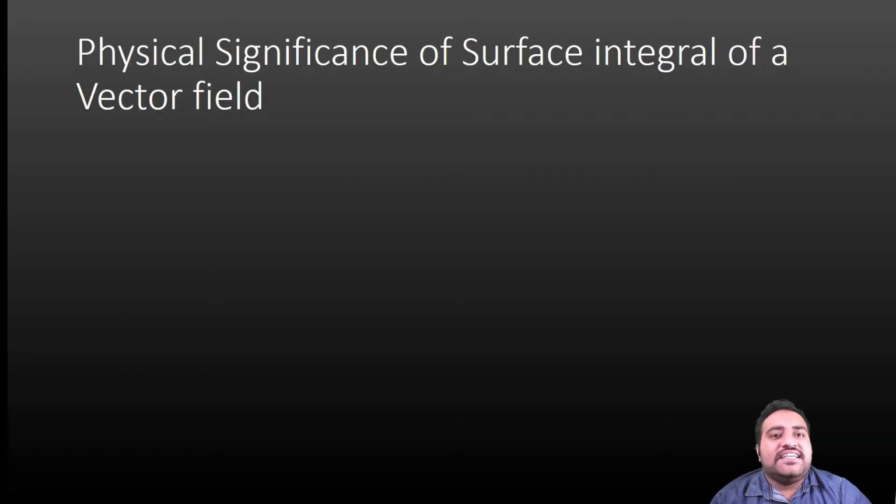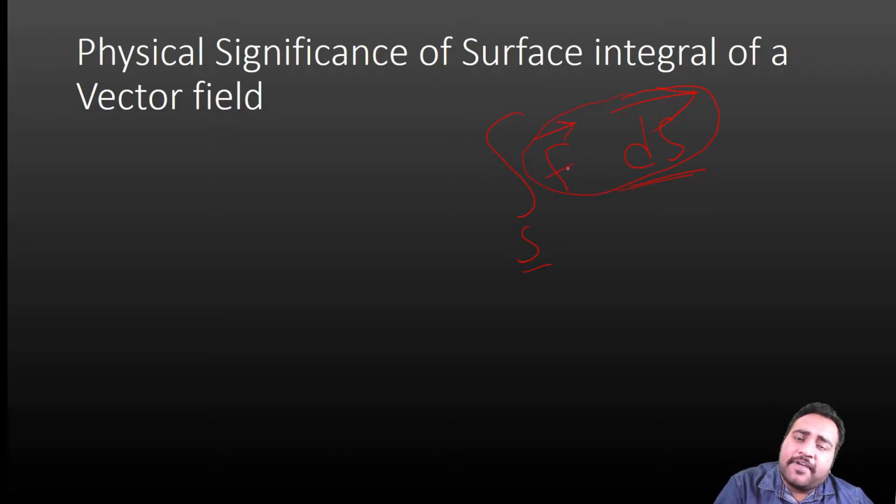Now, what is the physical significance of the surface integral of a vector field? The surface integral of a vector field, as we have seen, is of the form f bar dot ds bar, where ds bar is normal to the surface S at the given point, and what it is doing is accumulating all the components of f bar in the direction of the normal at any given point.